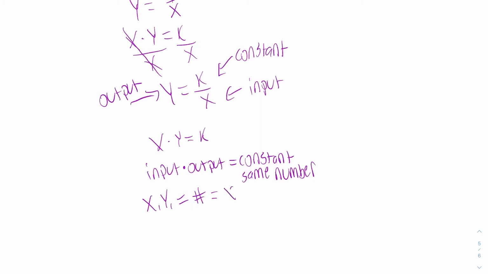that any other x and any other y, as long as those two are connected together. If you take one ordered pair and you multiply it, then you will get the same number as if you took any other ordered pair and multiplied that. So this is just one ordered pair.